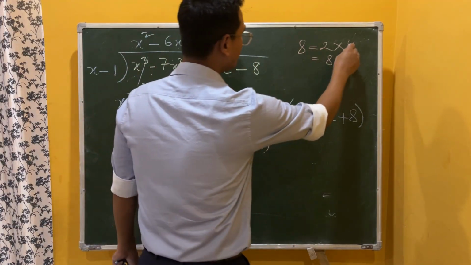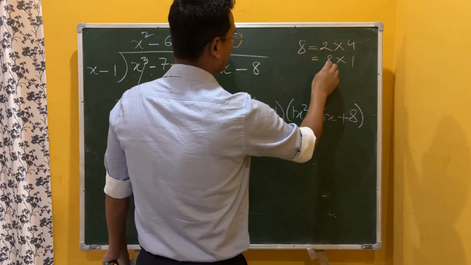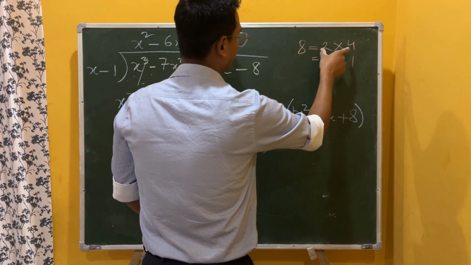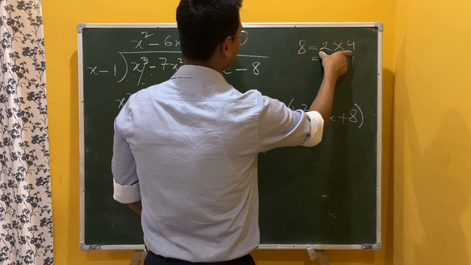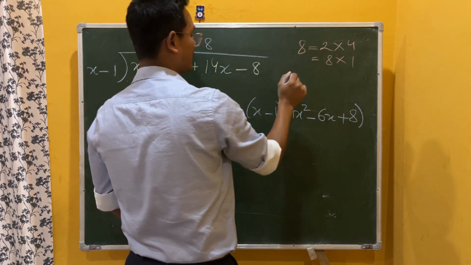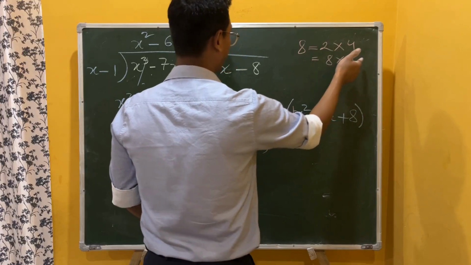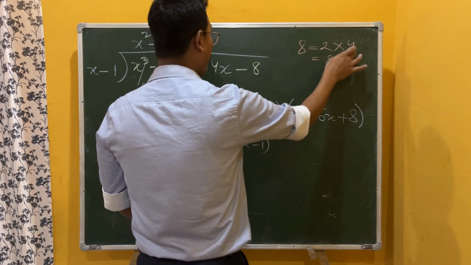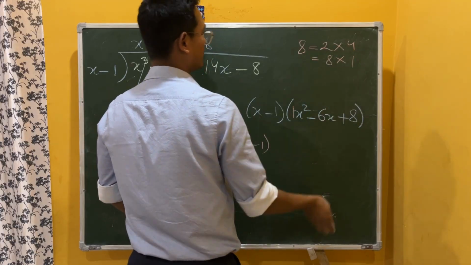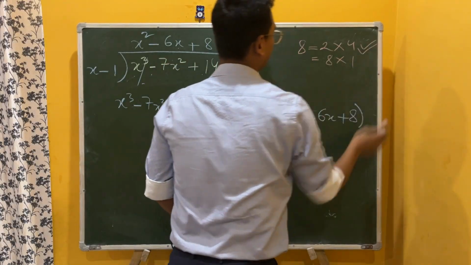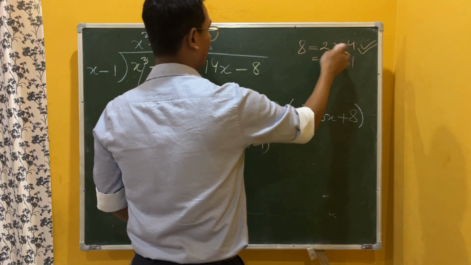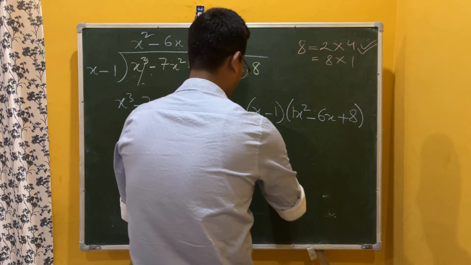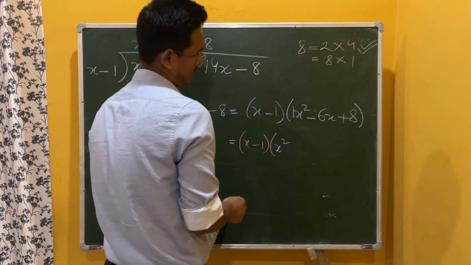Now out of these 2, choose the one such that the product is 8 and the sum or difference is the middle term. Means if you add or subtract them, it should come 6. So this is the answer. Means 2 times 4 is 8, 4 plus 2 is 6. So this can be written as x square.